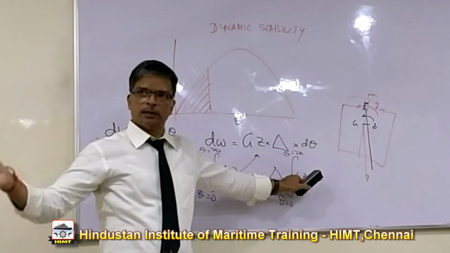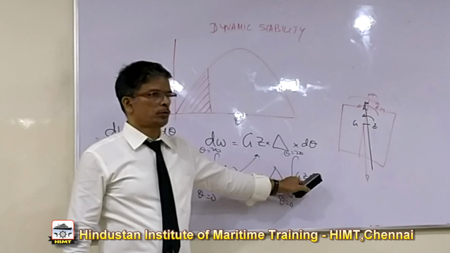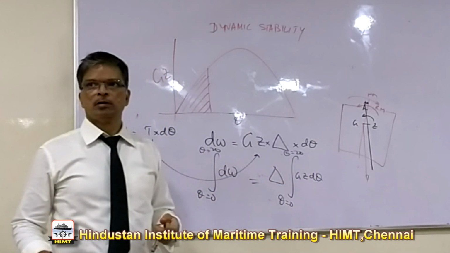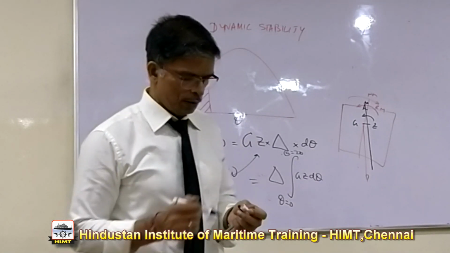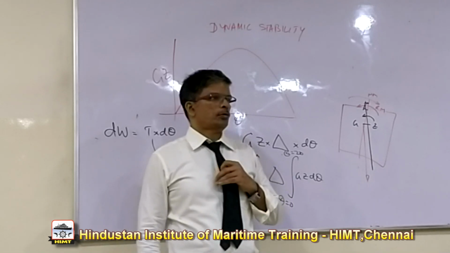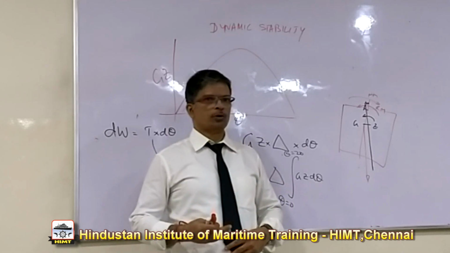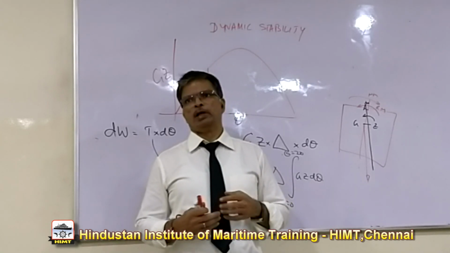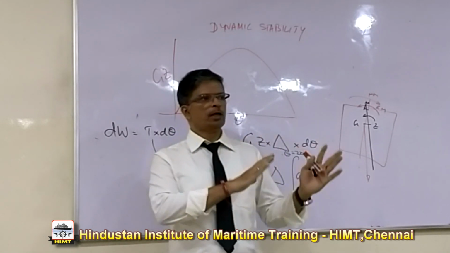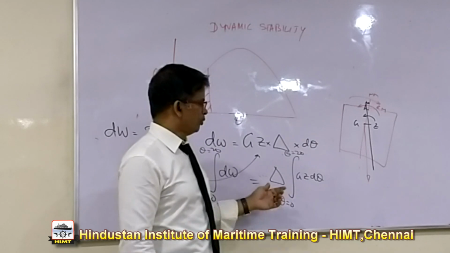You saw the shape like this. And d theta. So this formula says if you are interested in finding the work done by an external force, work done by wave or wind, which is taking a shift from 0 degree to 20 degree, you have to find it this way.